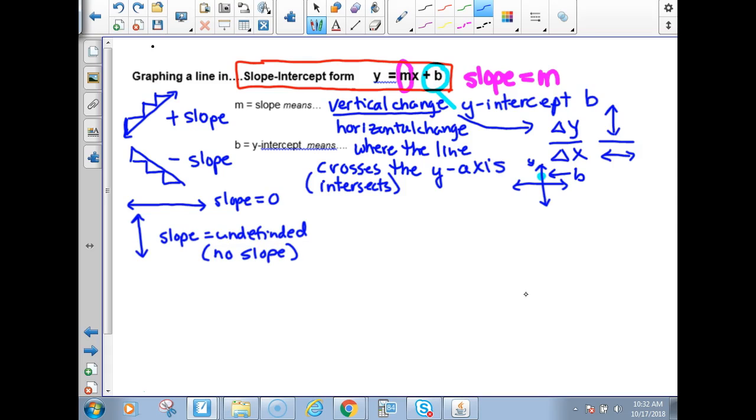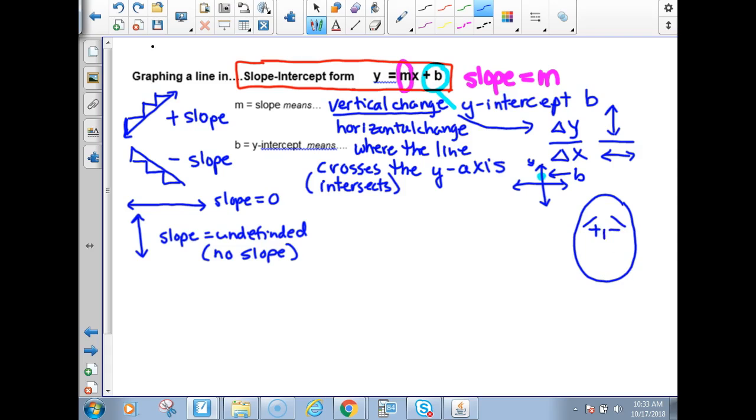I have a slope man in the room. You don't need to draw this on your paper right now, but because I'm recording, I'm going to draw it on here. Slope man has an eyebrow that goes up on the left, and that's positive slope. An eyebrow going down on the right is negative slope.